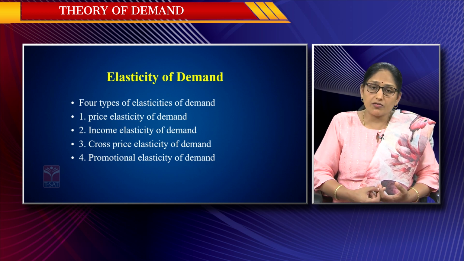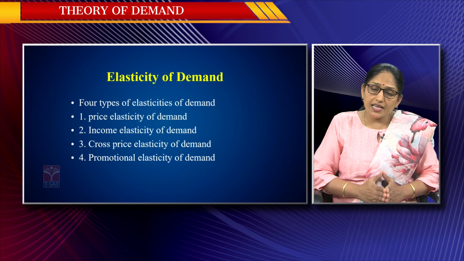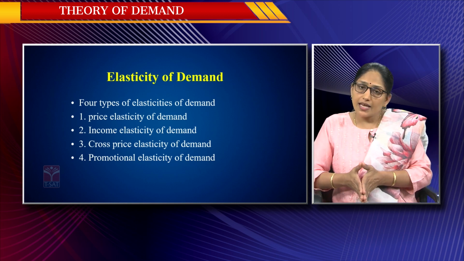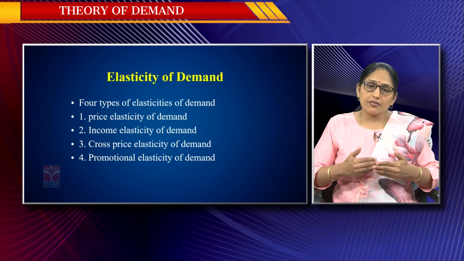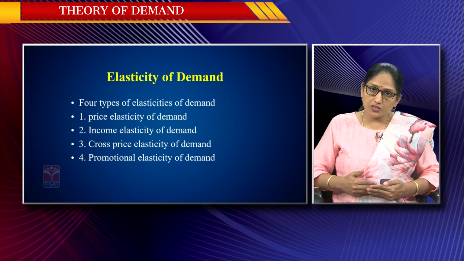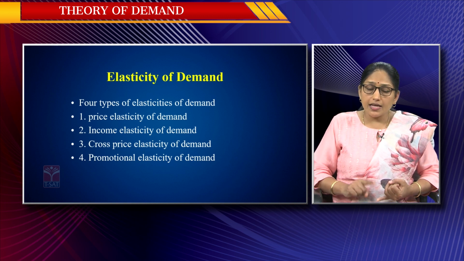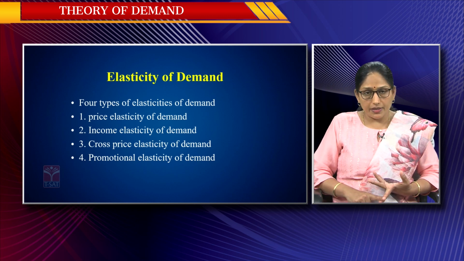Promotional elasticity of demand measures the change in the quantity demanded due to the change in the expenditure on advertisements. And there are various methods through which we measure the elasticity of demand, like point method, arc elasticity method, slope method, and total revenue method.